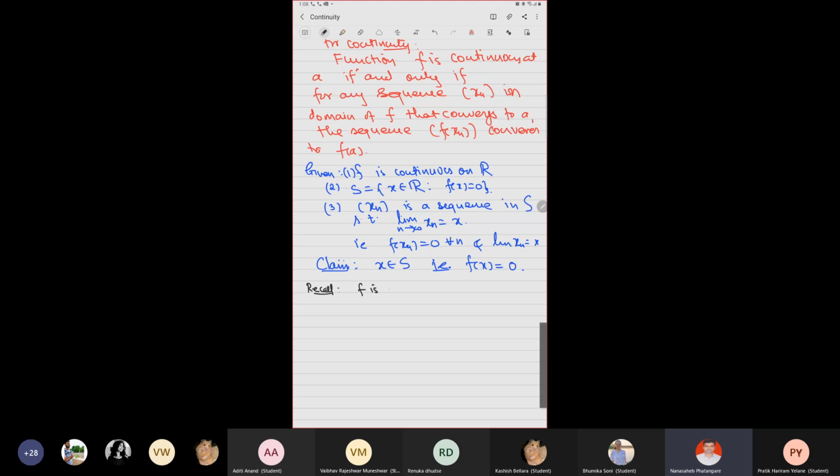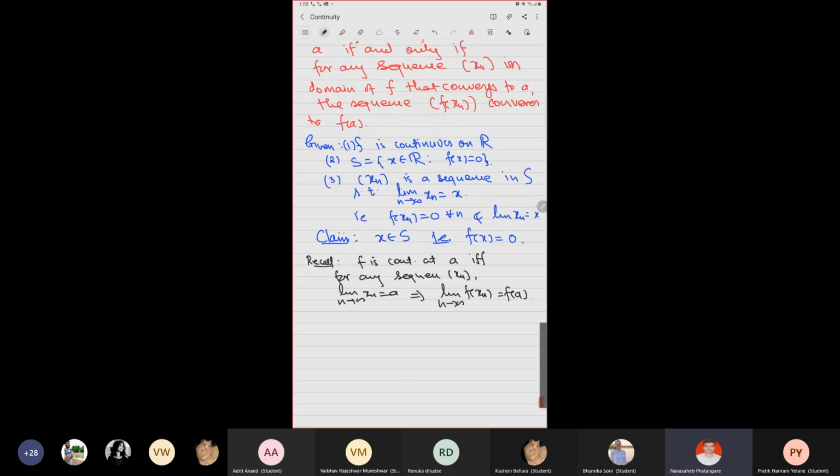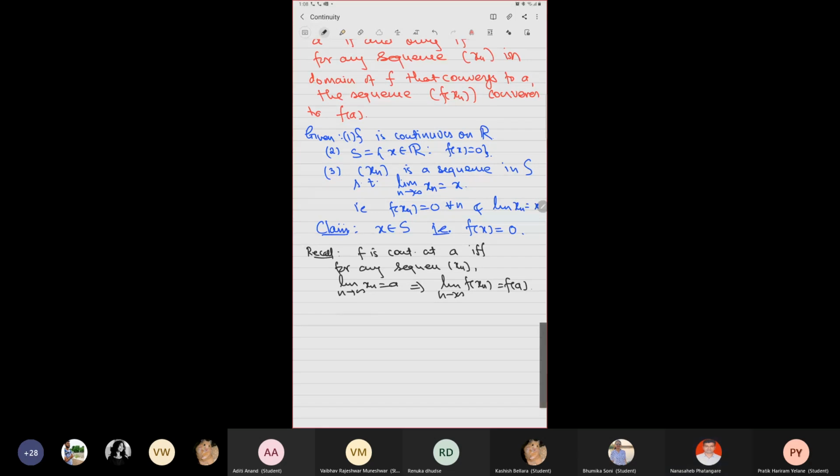Recall that f is continuous at a if and only if for any sequence xn, the limit of xn is a implies the limit of f of xn is f of a. Correct? Do you understand this? Yes, sir.